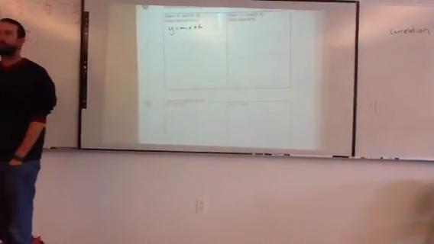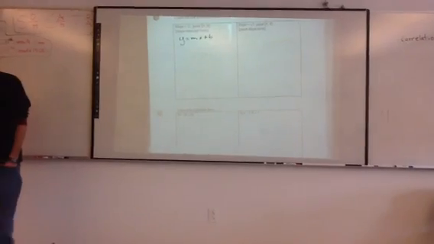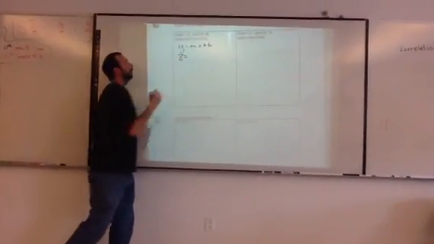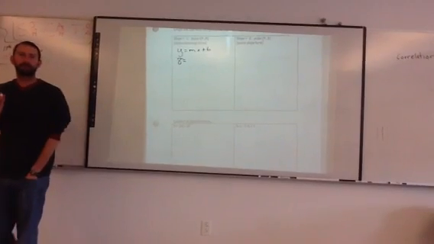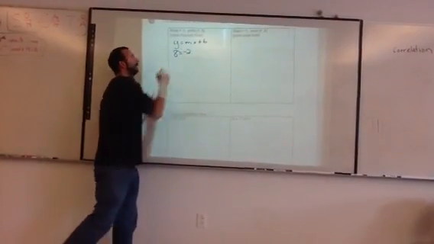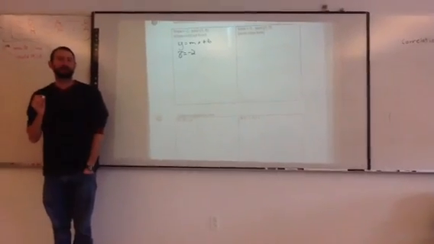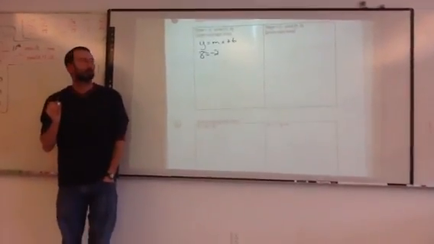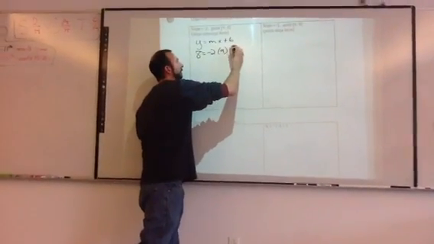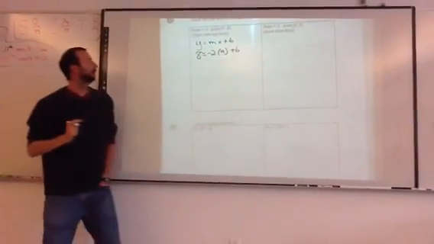Do we know a y value that is usable? 8. Do we know m, a slope that is usable? -2. Do we know an x value that is usable? Plus b, the one thing we don't know.